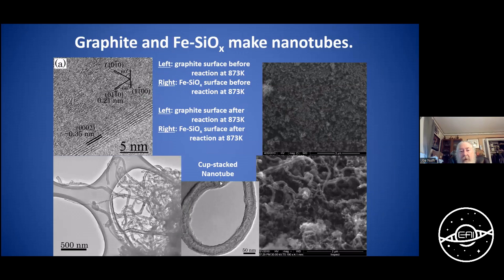These are cup stack nanotubes when you take them out. Even on the graphite, the nanotubes grow, and obviously this is a continuous reaction along what would be the C-axis of the carbon. Again, same kind of thing happening on the surface of the iron silicate materials.